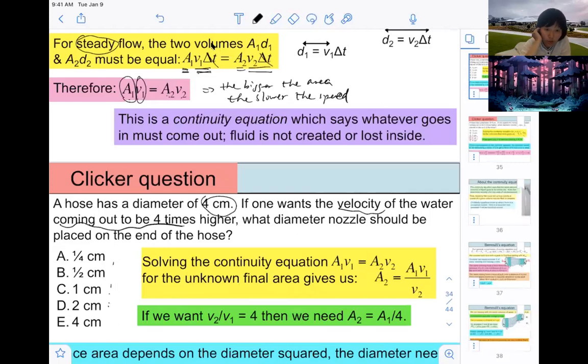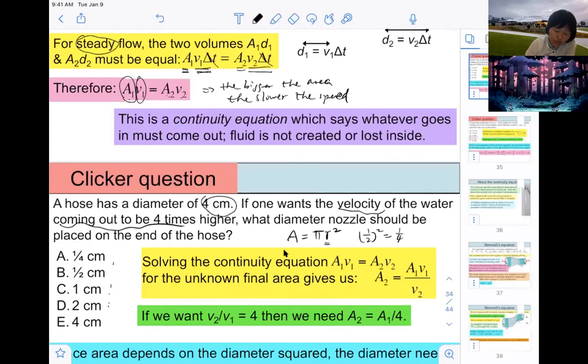Because they're proportional. The area for a circle is pi r squared. So if the area is 4 times smaller, the radius would be 1/2, right? Because if r becomes 1/2, then area becomes 1/4, 4 times smaller.